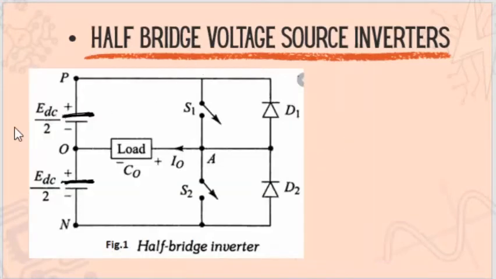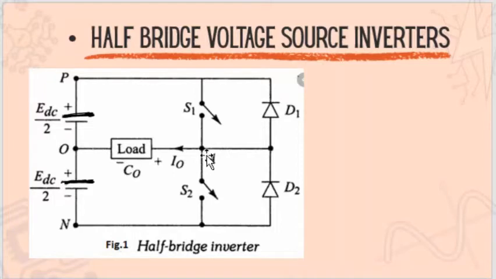This is the simplified circuit of figure 15.2. We have here EDC over 2, our voltage at the capacitor, or maybe just a battery. And the other half is here, EDC over 2 also. We have two switches, S1 and S2, and our load, which we'll consider a resistive load.